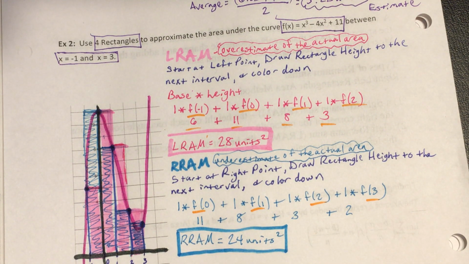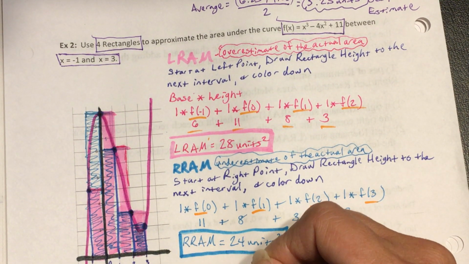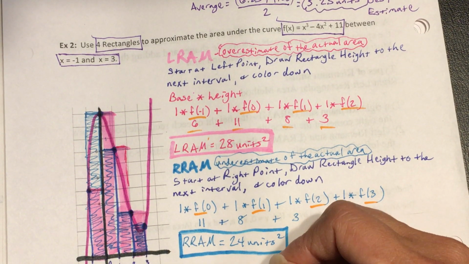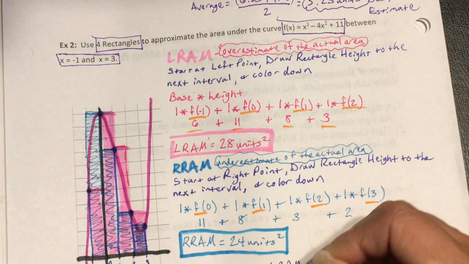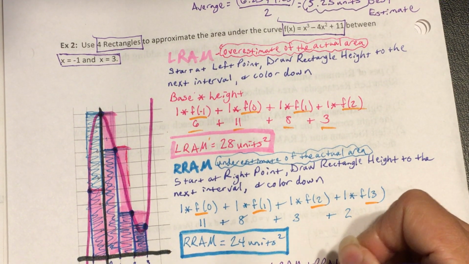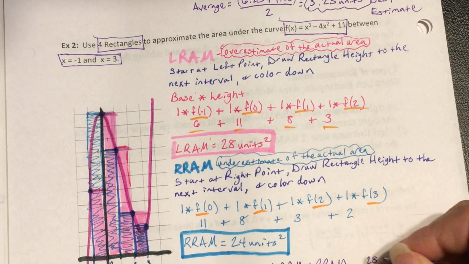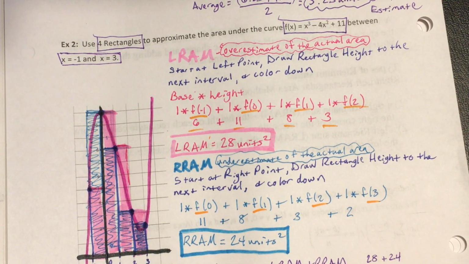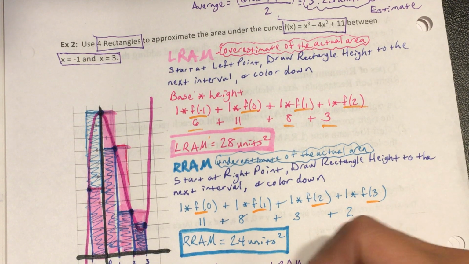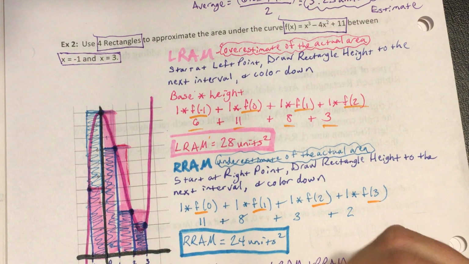So again, if I wanted to find the best estimate for this area under the curve, we would take the average of these, so LRAM plus RRAM divided by 2. So 28 plus 24 divided by 2, which would be 26 units squared.